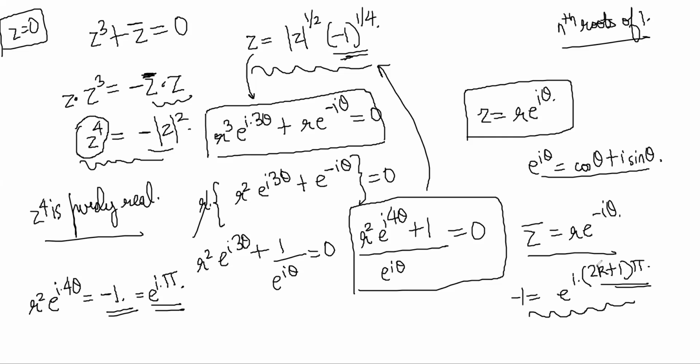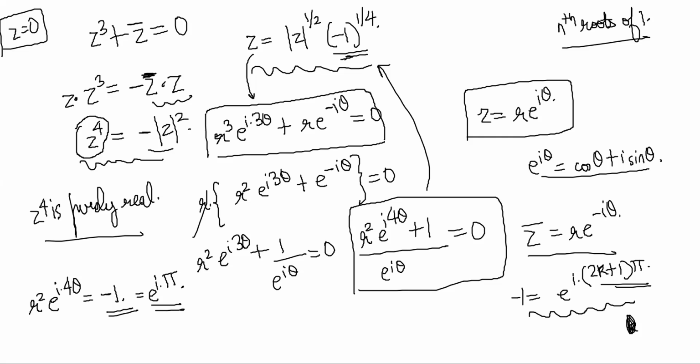An even multiple of pi gives plus 1, and an odd multiple of pi gives minus 1, right? If you write it this way, k can be any integer.